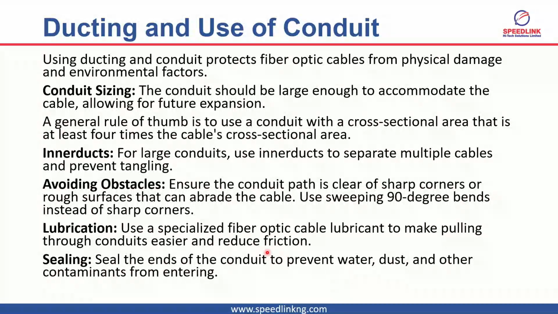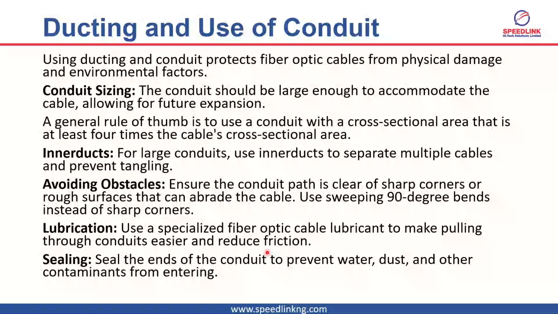A sharp corner. The sweeping, where you take from here to here, right? The sweeping now is going along in a circle. It's not just going and joining. Are we following? So that we get that bend radius that we need that is safe for the cable. You use a sweeping 90-degree bend.